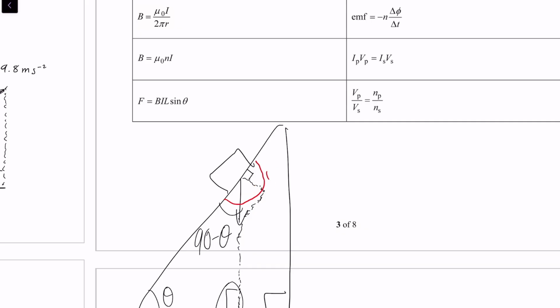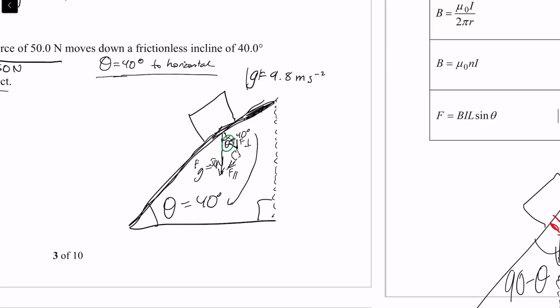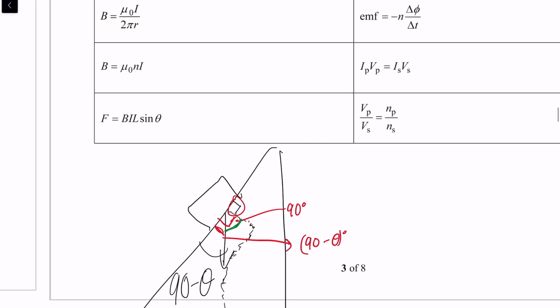Okay, it's a bit messy, but this part right here is 90 degrees, because we always say it's perpendicular, so we make a 90 degree angle. If this angle here is 90 minus theta degrees, then the green value here, where I put my theta value, is going to be question mark degrees, and that's going to equal a total of 90.